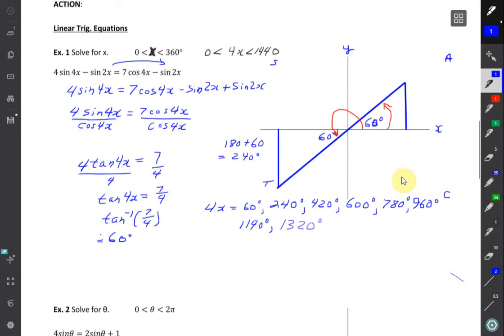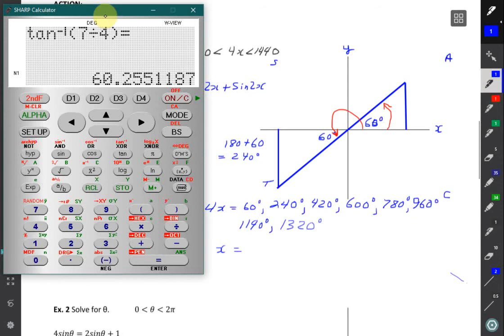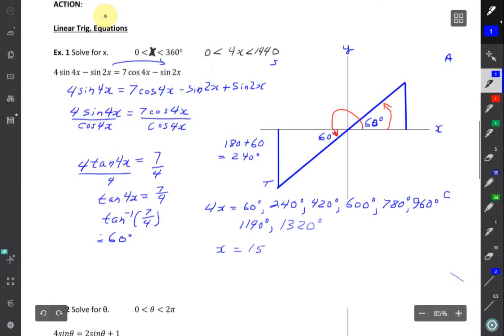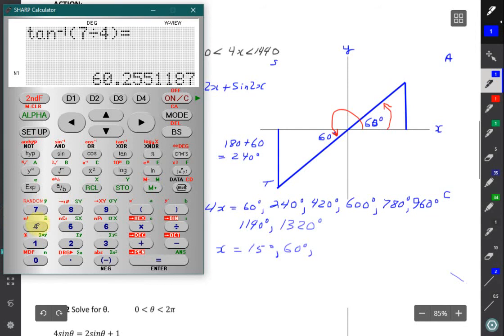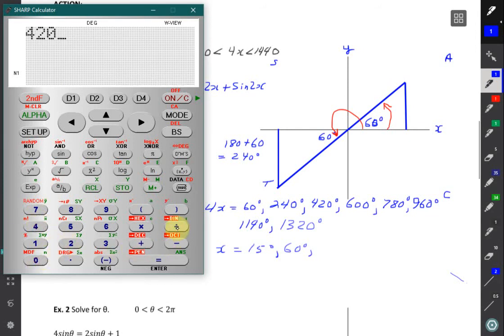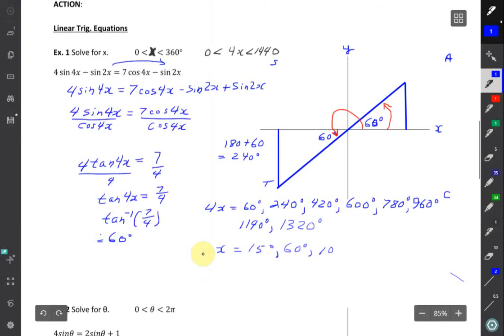The last step is we are solving for x, so we need to divide both sides by 4. So basically, all of these angles need to be divided by 4. 60 divided by 4 is 15 degrees. 240 divided by 4 is 60 degrees. 420 divided by 4 is 105.